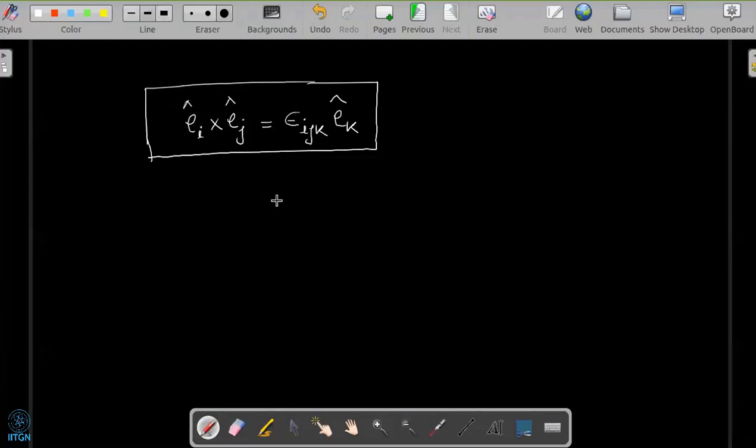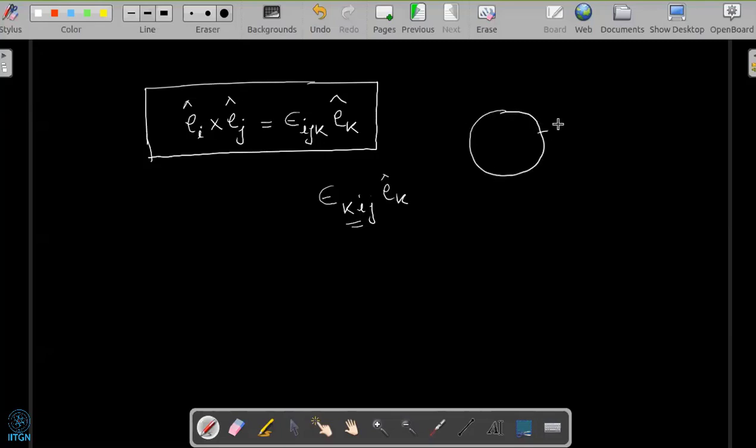I'm just talking about the right hand side. Okay, epsilon K IJ EK. Yep. Let's check whether it is following the order or not.